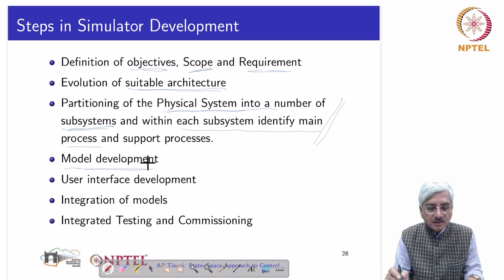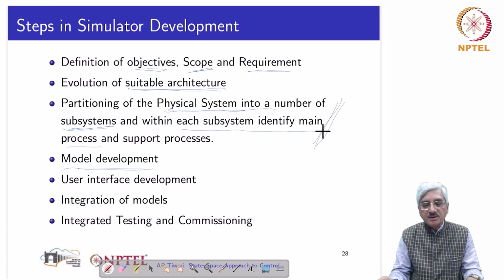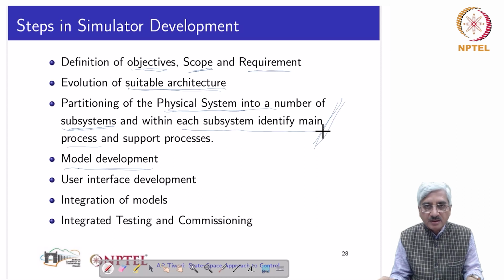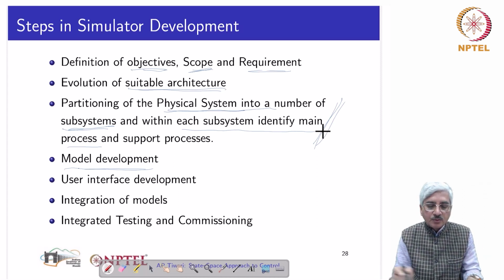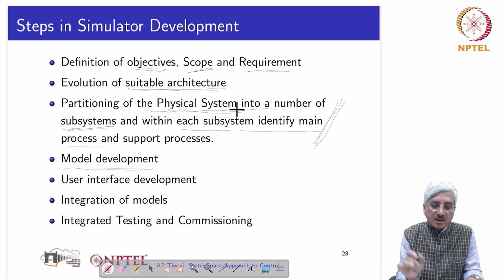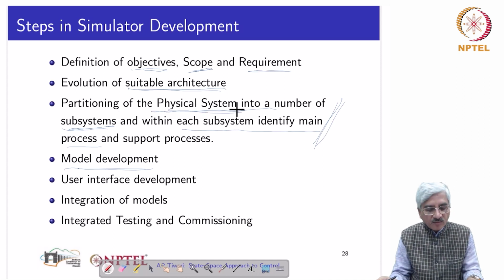So once a big system has been represented as several subsystems and several processes and support processes, each smaller entity within a large subsystem is modeled separately, and then the things are grouped together to obtain the mathematical model of the entire physical system and also the representation of the entire physical system over the user interface.